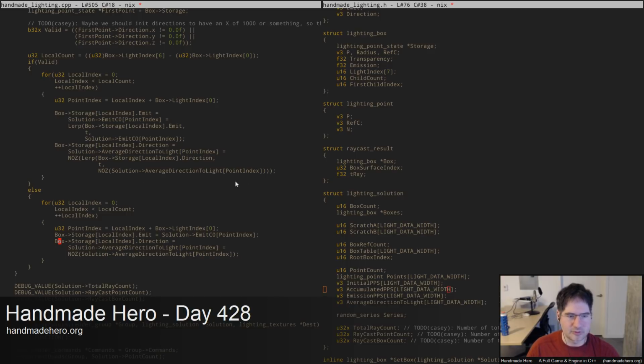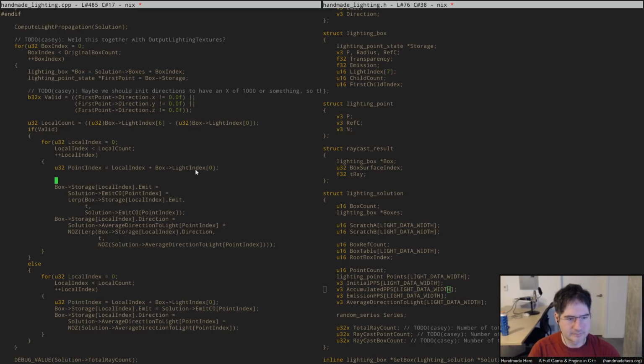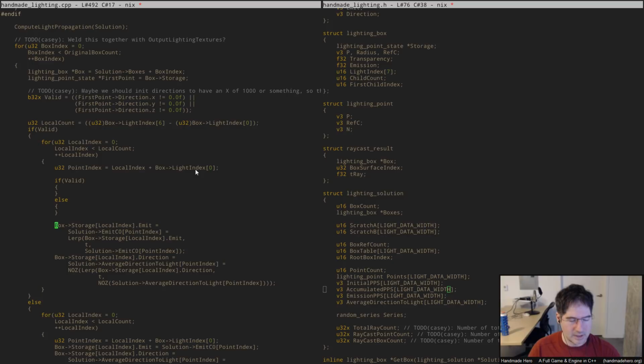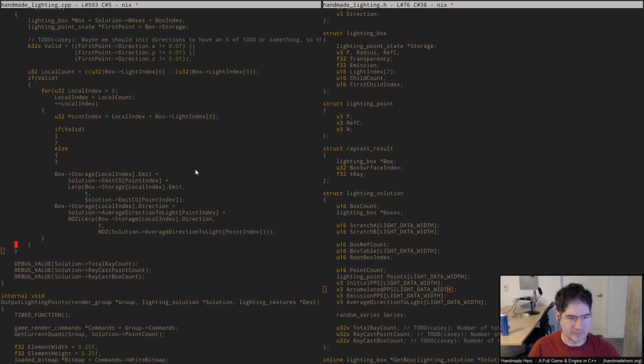The problem is, since we're doing them over a set of points like this, I'm not sure how valid that actually is, but since we don't care about the speed of this loop yet, it's not part of our slowness really. What I could do here is actually do the if inside. So I could do an if valid here, and deal with that and make it so that we can simplify this down.